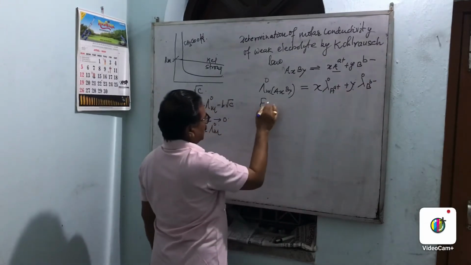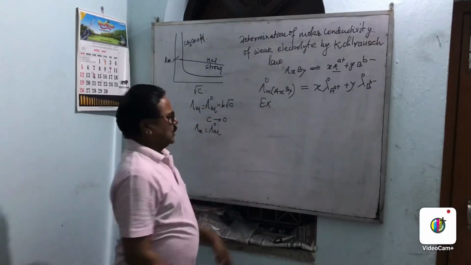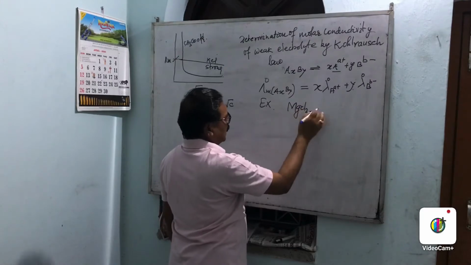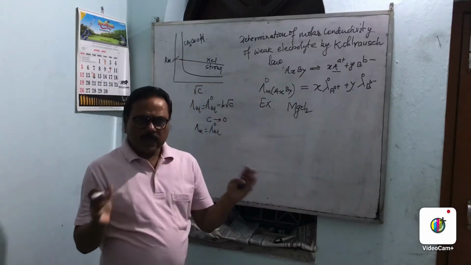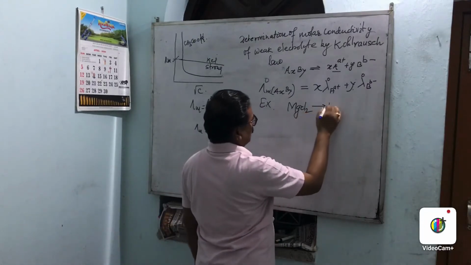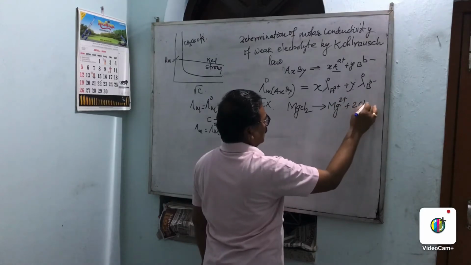So we take an example in order to clarify the general expression. Suppose we consider MgCl2. We have the knowledge to split the electrolyte, so it will dissociate to give Mg2 plus and twice Cl minus.